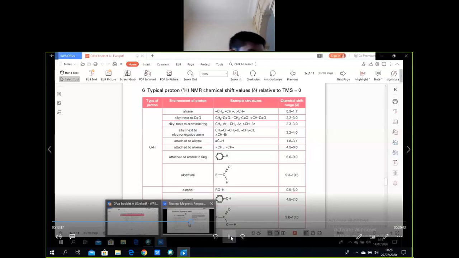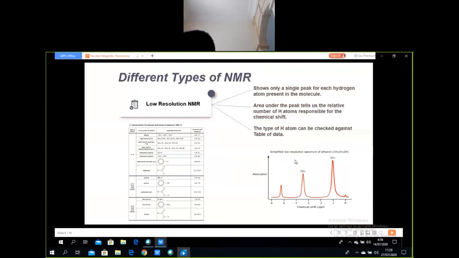Now, let's go back to the theory. Here we can see the peak around 1 corresponds to the CH3. How come it is like that?